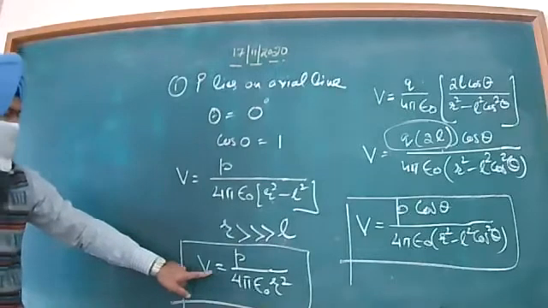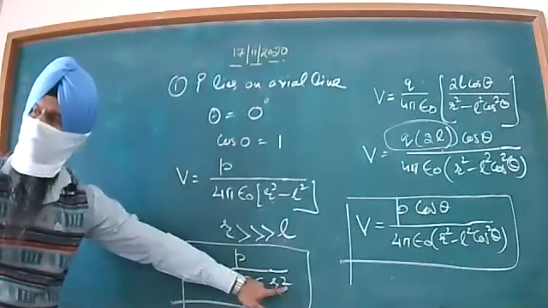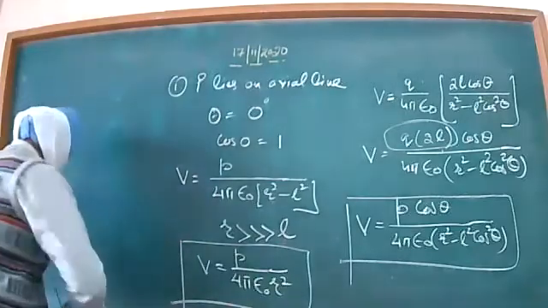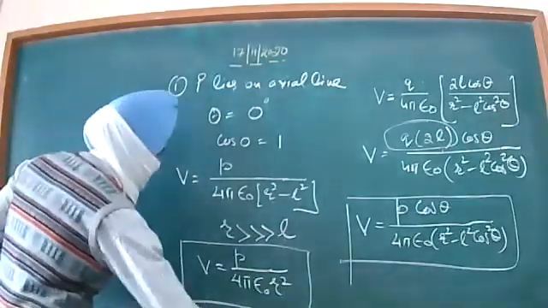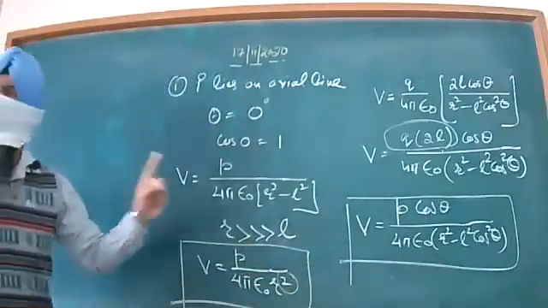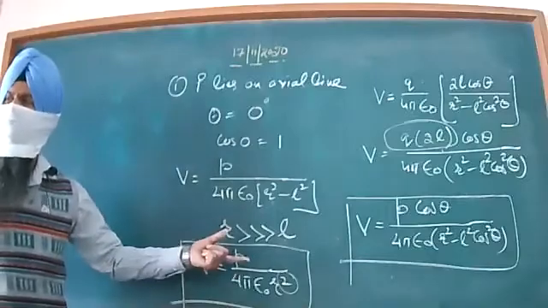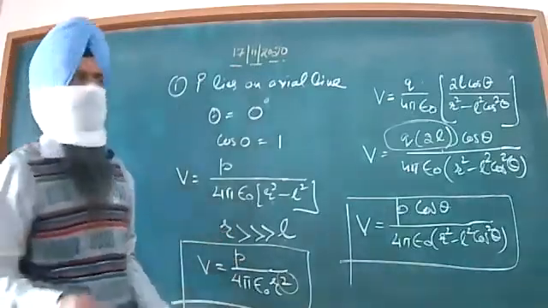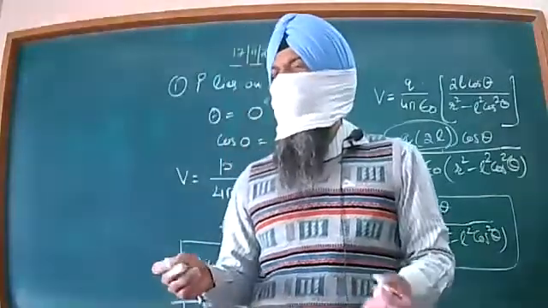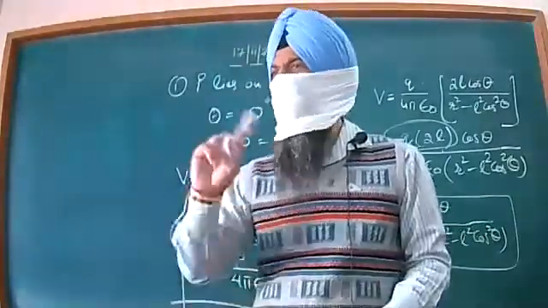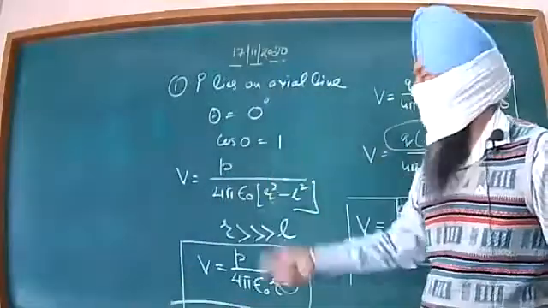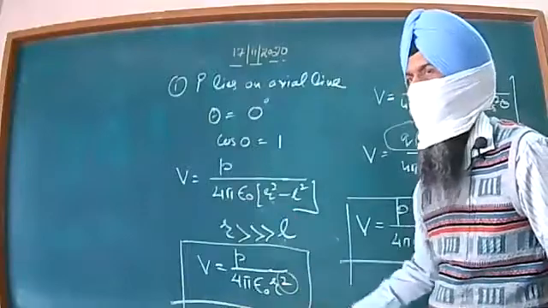The potential is inversely dependent upon r square. This is due to the two charges, the dipole. If it is single charge, power is 1 due to the single point charge. When we discussed the electric potential at any point due to a single charge, that was 1 by 4 pi epsilon naught Q upon single r, no power 2 or so. Here, when we are treating it as a dipole, automatically square will appear.